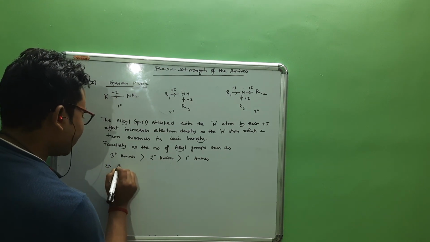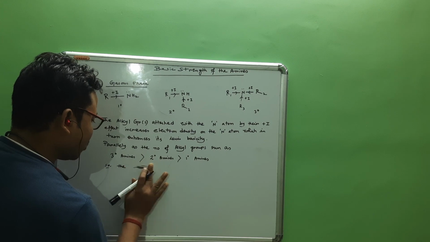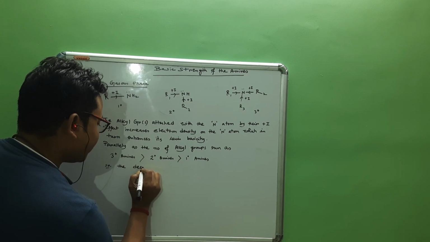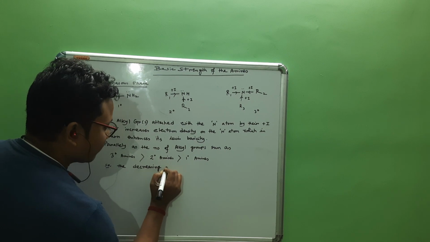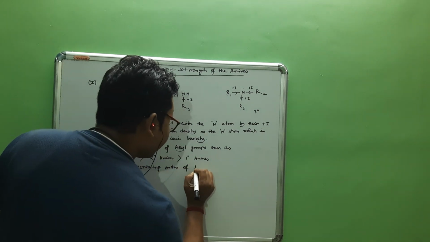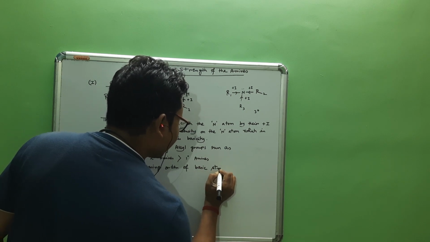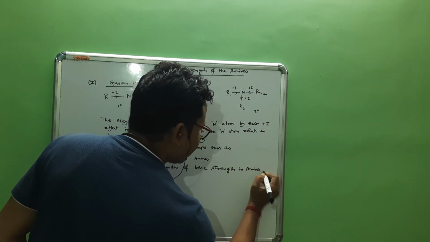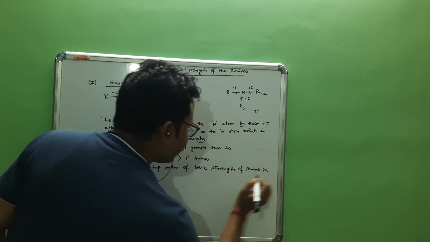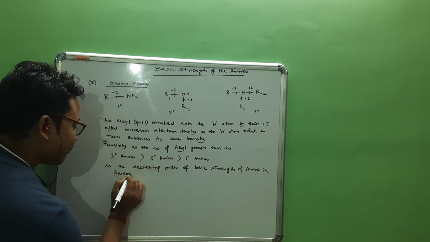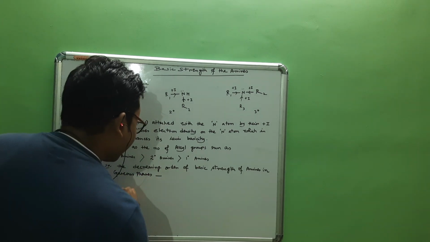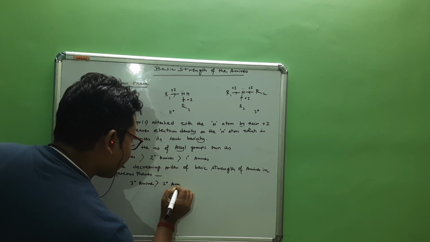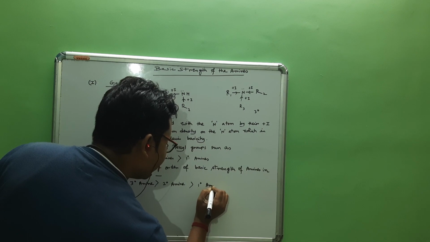So the decreasing order of basic strength in amines, basic strength of amines in gaseous phase, is 3 degree amine, similarly greater than 2 degree amine, greater than 1 degree amine.